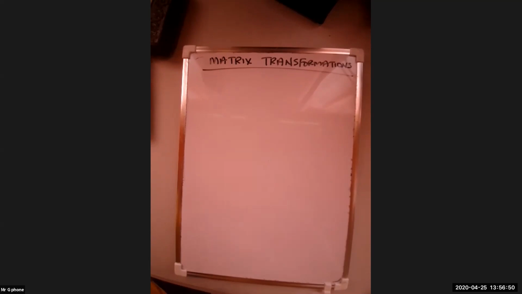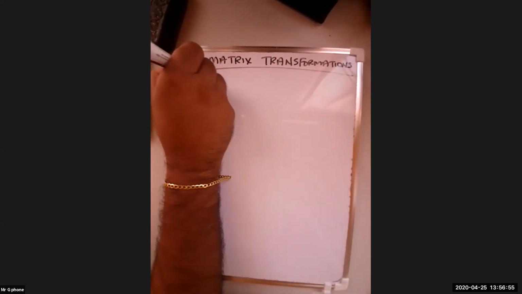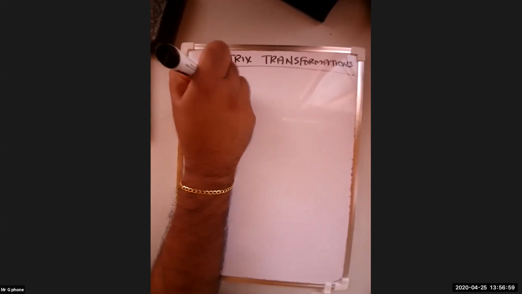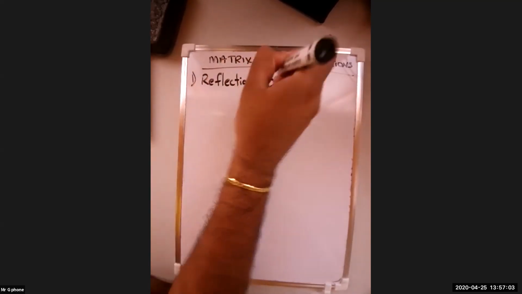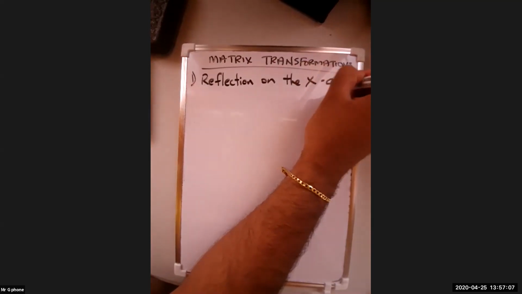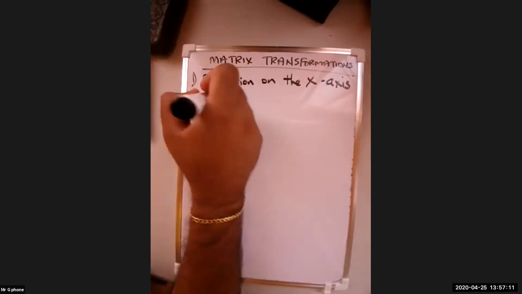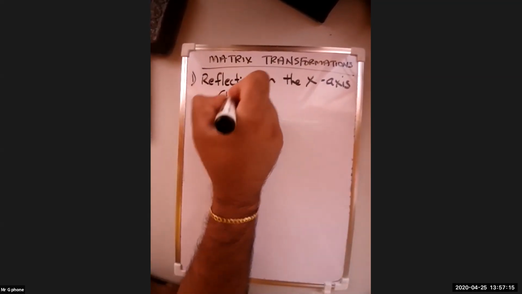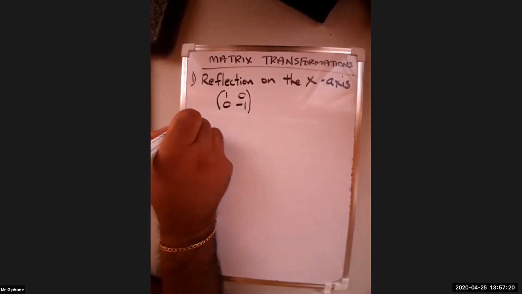Okay, alright. So let's look at the first one. I'm summarizing the handout for you all, right? So let's look at the reflection on the x-axis. The matrix for that is 1, 0, 0, -1. Okay?